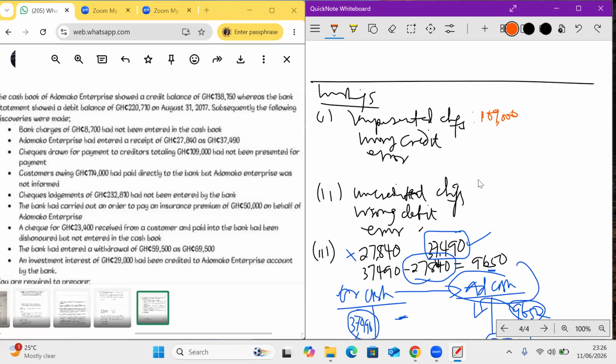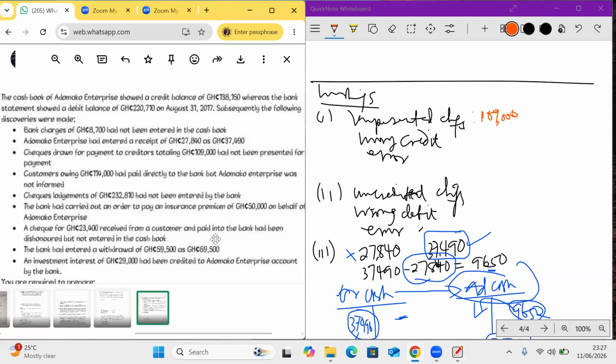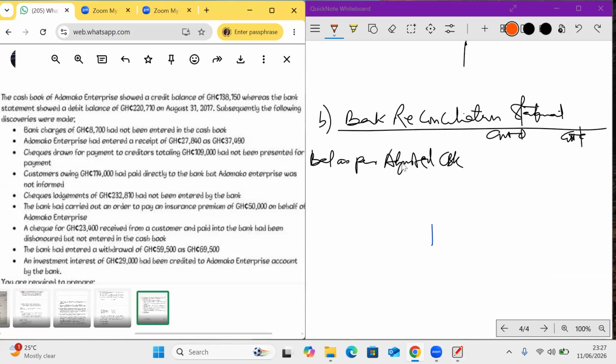Okay, so the fourth one: customer owing 114,000 had paid directly to the bank, but Adomako Enterprise was not informed.